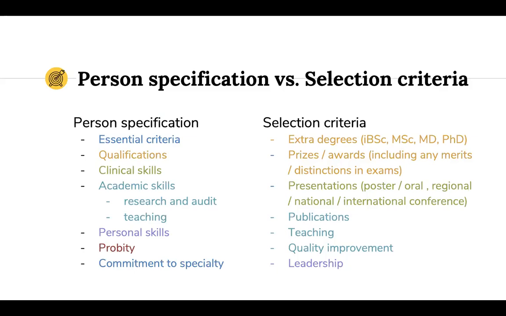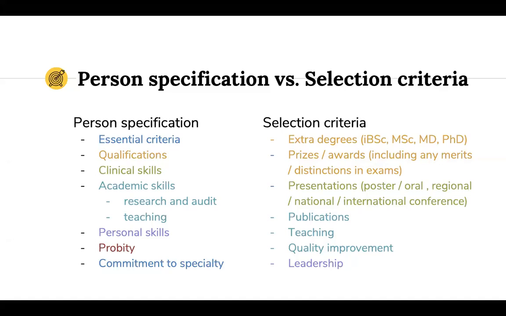Person specifications are basically just desirable things that you should have, and then the selection criteria are what gets you points. So person specifications will include essential criteria, qualifications, clinical skills, academic skills, personal skills, probity, and commitment to specialty.